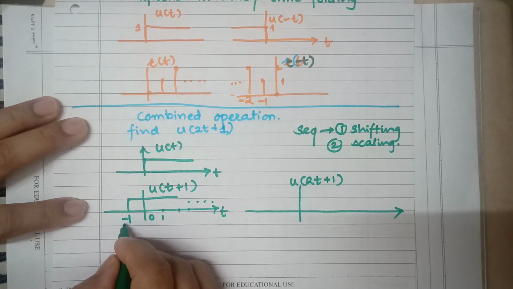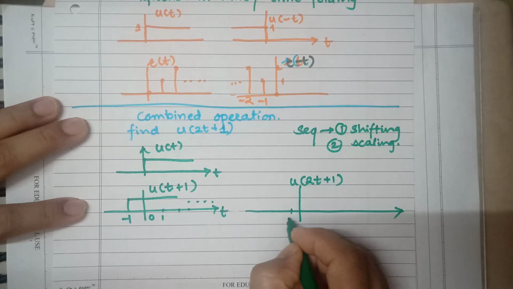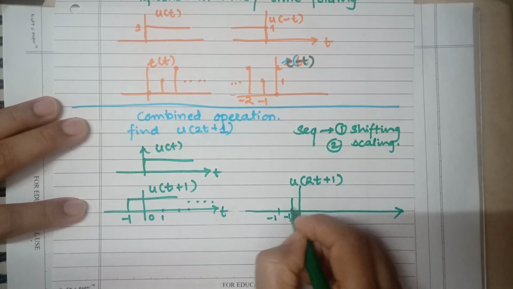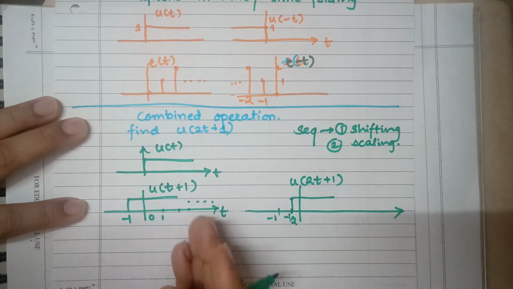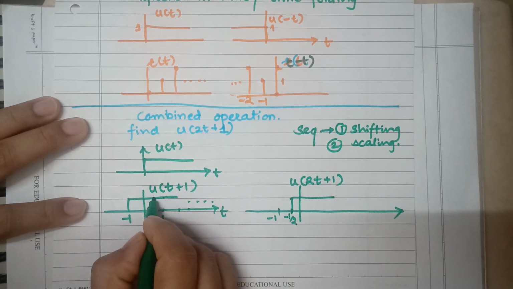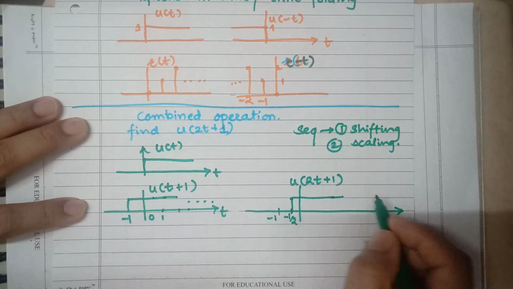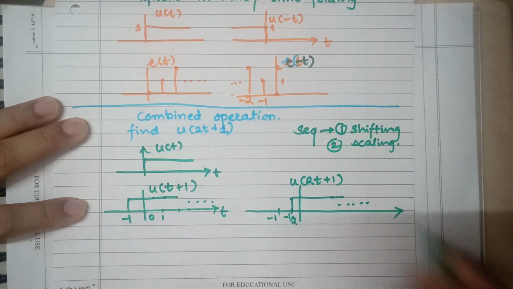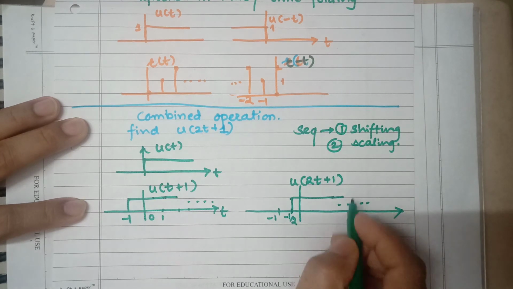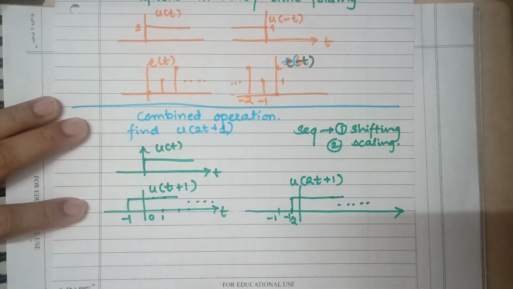Now this minus 1 will come at minus 1 by 2. So 1 is here, minus 1 is here, minus 1 by 2 here. So all the samples, this sample will come at this point, at 2 this will come at 1, like this. But this signal is infinitely long. Okay, so the final signal will look like this.